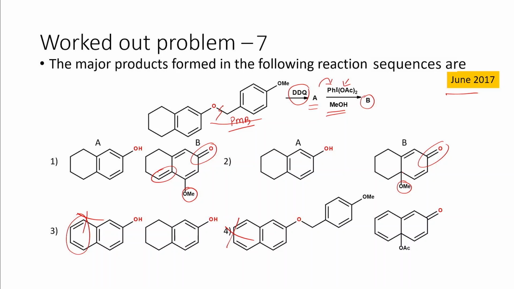These are the only two changes. By looking at the mechanism, we are going to identify the product. We can easily rule out options 3 and 4, and only have to look at either 1 or 2 as the right product.